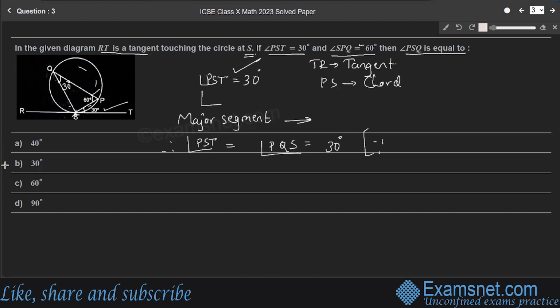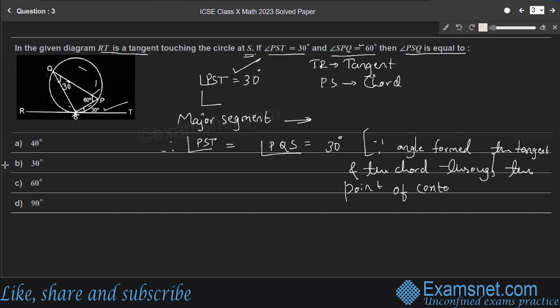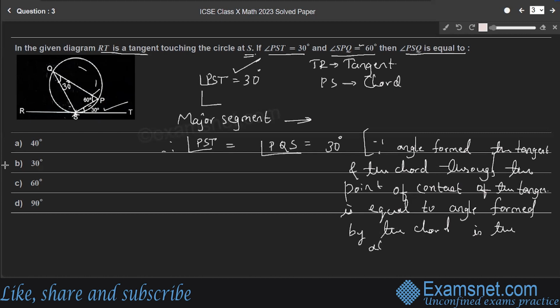So the reason is: the angle formed by the tangent and the chord through the point of contact of the tangent is equal to the angle formed by the chord in the alternate segment.